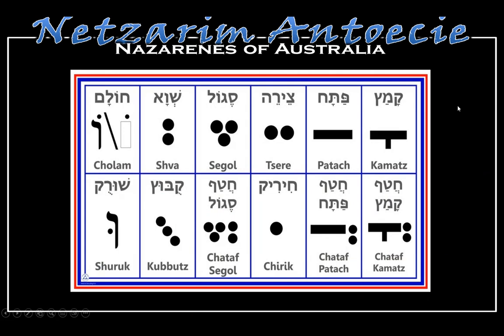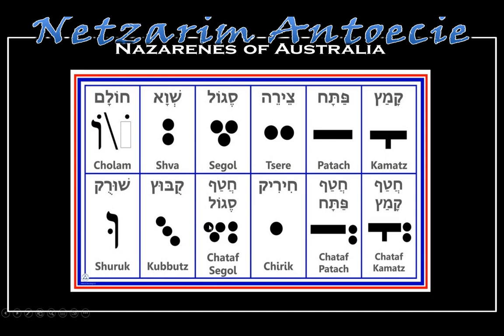Right, and now we come to our vowel markings and just refreshing ourselves. The bottom line, where we see the letter with the dot next to it, is a U sound, so it's called a shuruk. And this is called a kibbutz, so again it has the U sound.